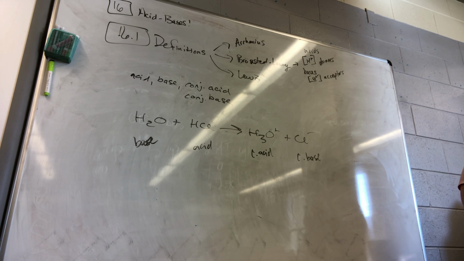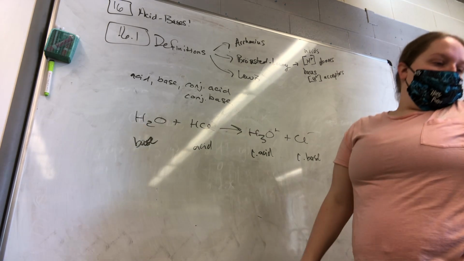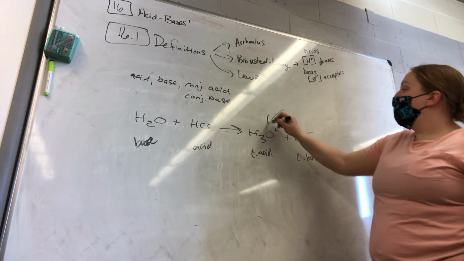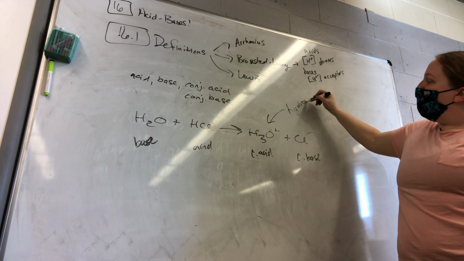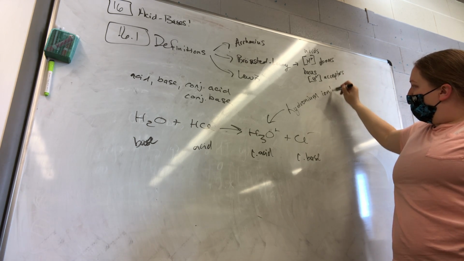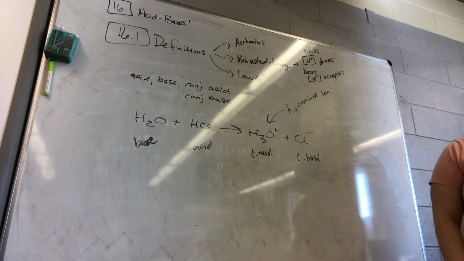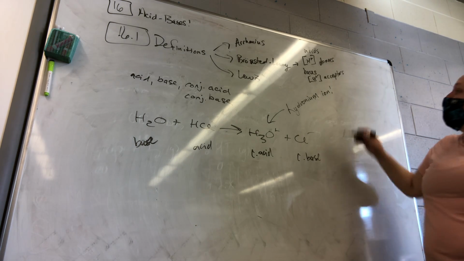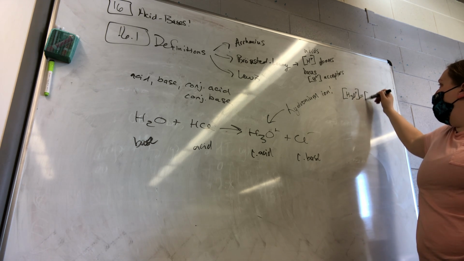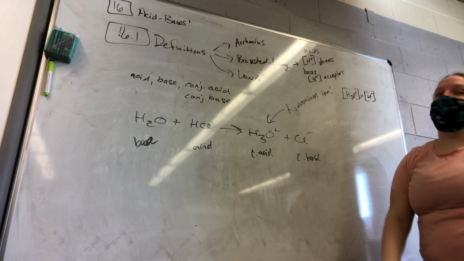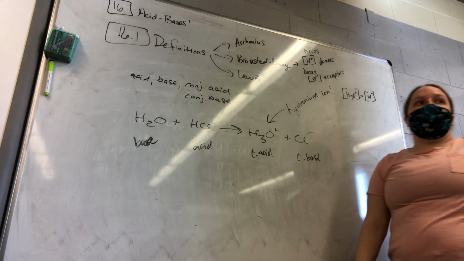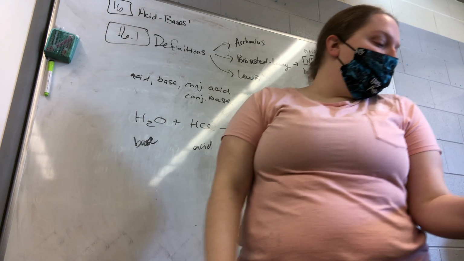Acid, base, conjugate acid, conjugate base. What else? The hydronium ion is a Bronsted-Lowry concept. A lot of times, and I will remind you of this now, we use the proton and hydronium ion interchangeably. They mean essentially the same thing to us. One of them is the same as the other as far as shorthand.